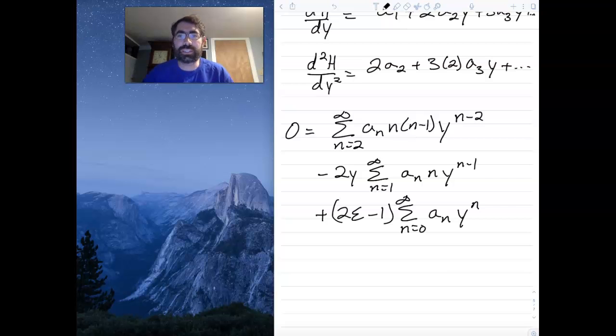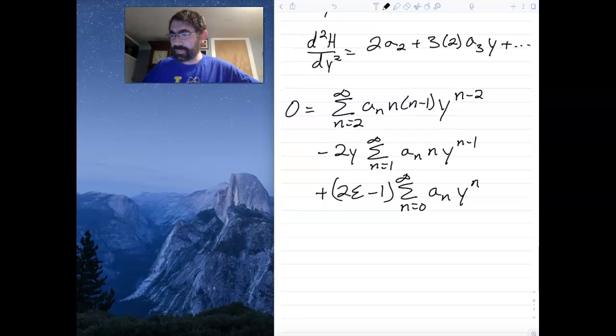Now it would be convenient if we could have all of them under the same sum, and I can do that. I can put them all under the same sum, because if you notice, in this first term, if n equals 0, then the answer is 0. If n equals 1, n minus 1 gives me a 0. So I could shift the index such that I get n equals 0.